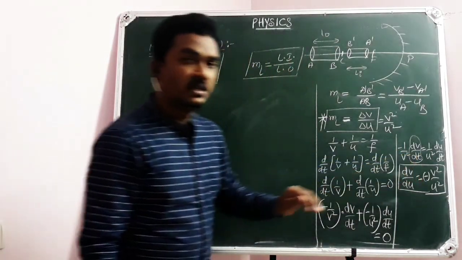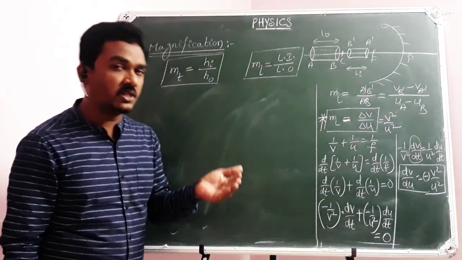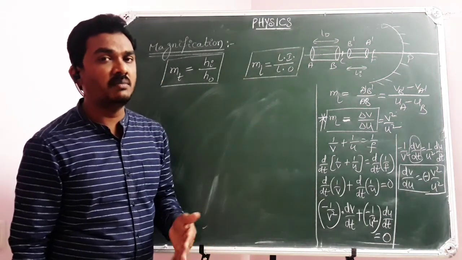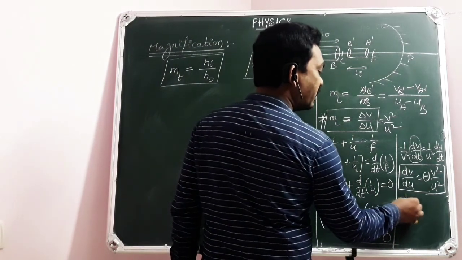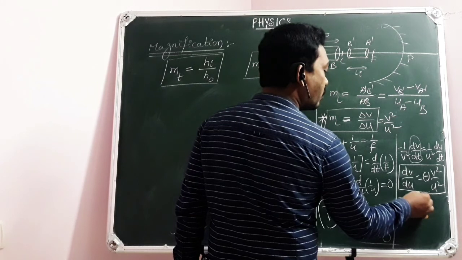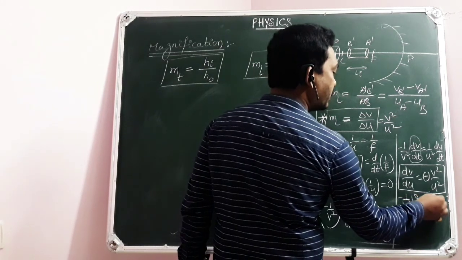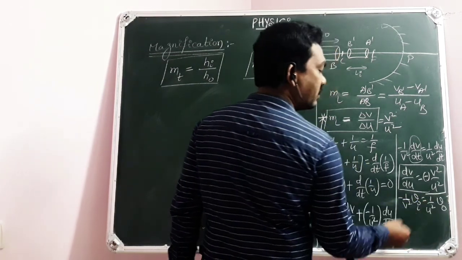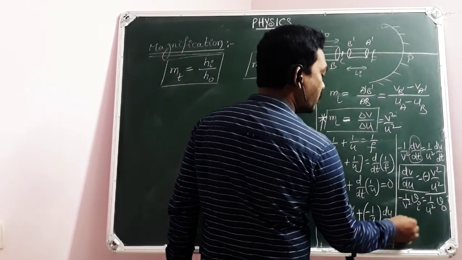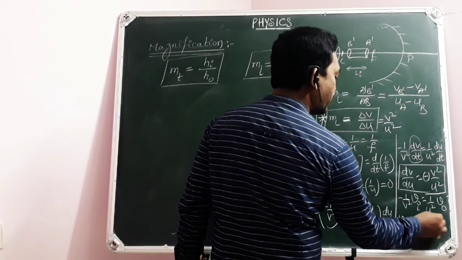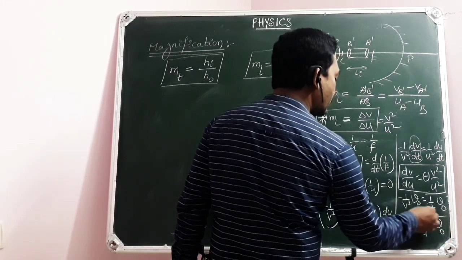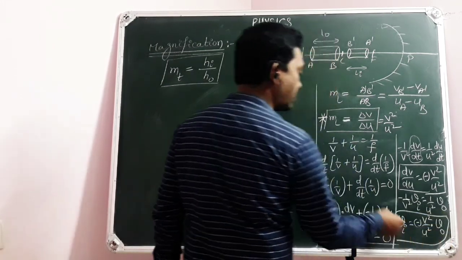So I can write minus 1/v square into image speed equal to 1/u square into object speed. Then image speed equals minus v square by u square into object speed. This is an additional equation for image speed and object speed.